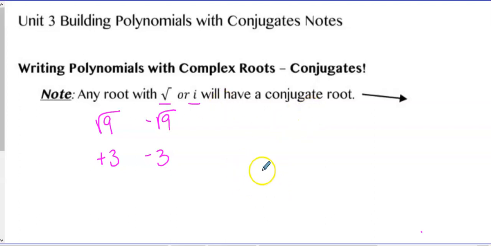If I said there's this polynomial function and it has a root at, or a 0, whatever you want to call it, a root at 3i, it also has one at -3i. So anytime you see an irrational or a radical root or something with an i in it, it's going to have 2 of those that kind of match. They're conjugate partners, conjugate pairs.